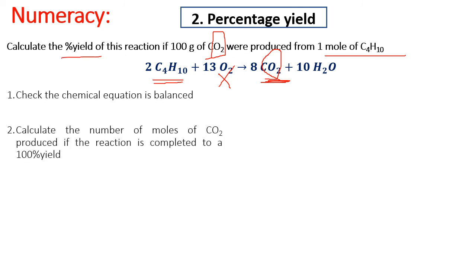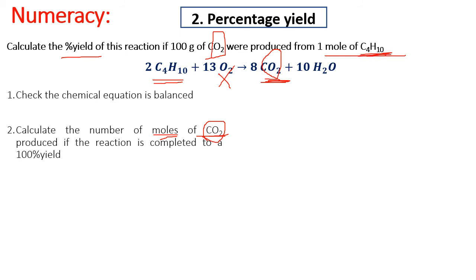Then, the next step, we will see the number of moles of the carbon dioxide that will be produced if we have a 100% yield. In other words, what is the theoretical yield of carbon dioxide but in moles? What if we have a total consumption of the given amount of butane?